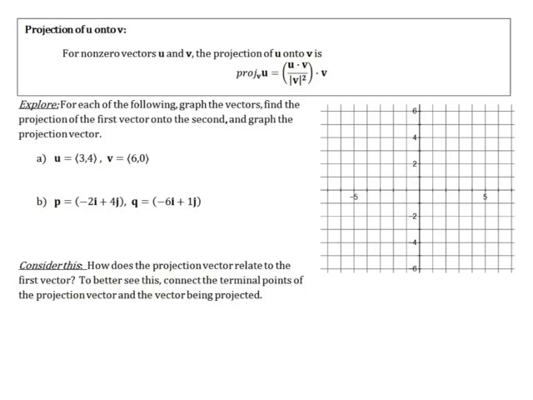So let's see here. Here we have two vectors, u and v. Let's start out by finding the dot product, u dot v. We multiply the first terms, 3 times 6, and the second components, 4 times 0. And that gives us 18. 4 times 0 is 0, so it's 18.